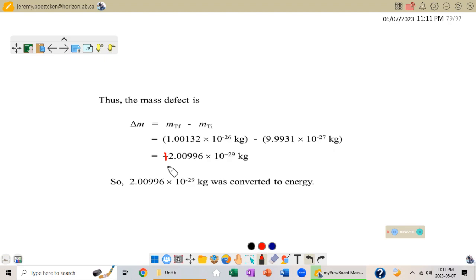And it's going to be 2.00996 times 10 to the negative 29 kilograms. And that means that many kilograms were converted into energy.